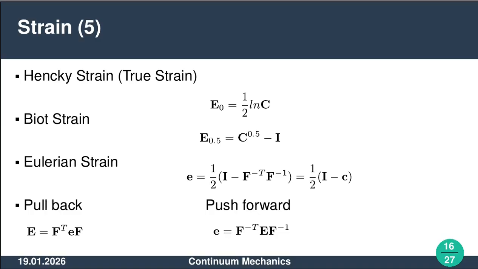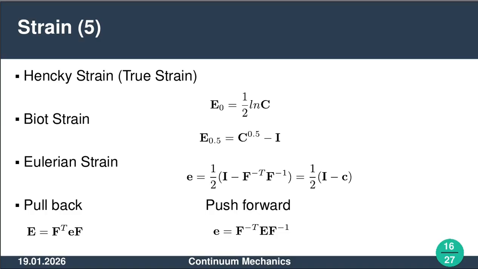Remember, the capital letters stand for material configuration and small ones for spatial configuration. So we can switch to the counterpart of a quantity in another configuration by doing a pullback from spatial to material configuration and a push forward in the reverse direction. For example, pulling back the Eulerian strain from the spatial to the material configuration in order to obtain the Lagrangian strain is E equal to transpose of f times small e times f.